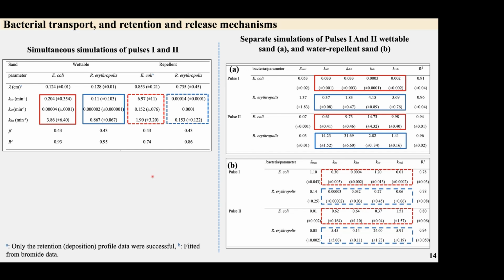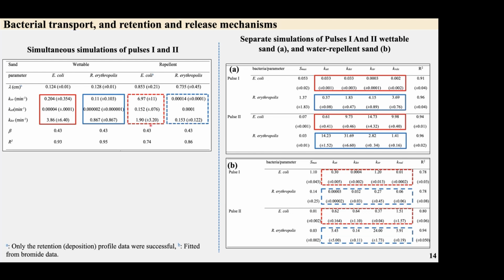I forgot to mention that for E. coli, where we were not able to model the data for breakthrough curves, we used profile retention data, because more than 70% of the bacteria was retained in the soil profile.